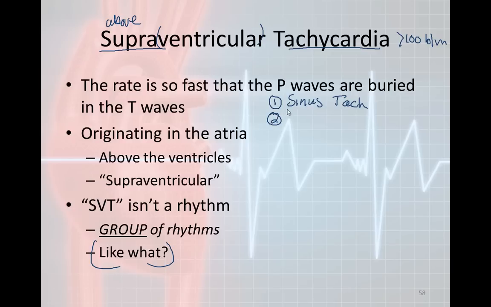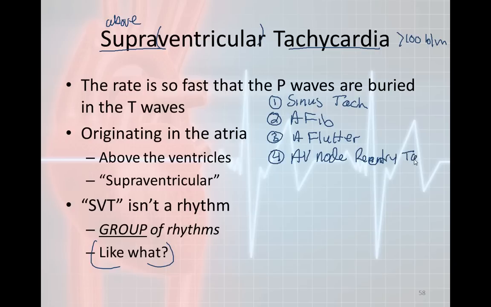The second most common supraventricular tachycardia rhythm is atrial fibrillation. The third most common is atrial flutter. Number 4 is something called AV node reentry tachycardia.